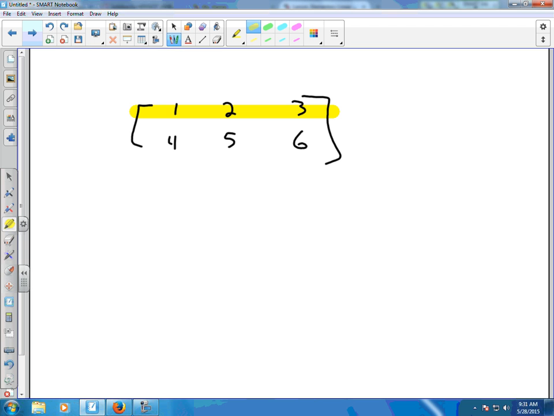Up and down, vertical, those are called columns. So rows and columns. If we're asked for the dimension or the size of a matrix, we describe it as its row by column.